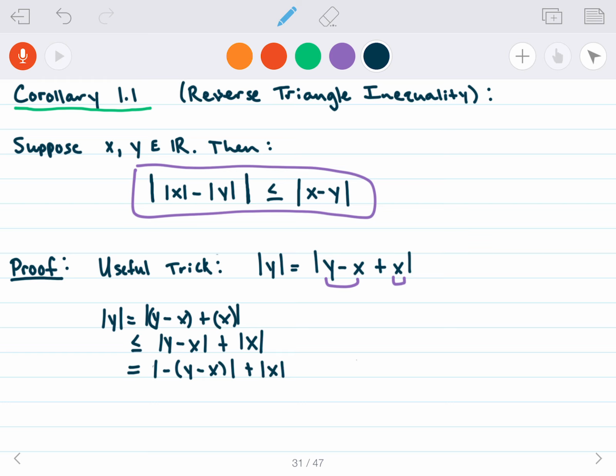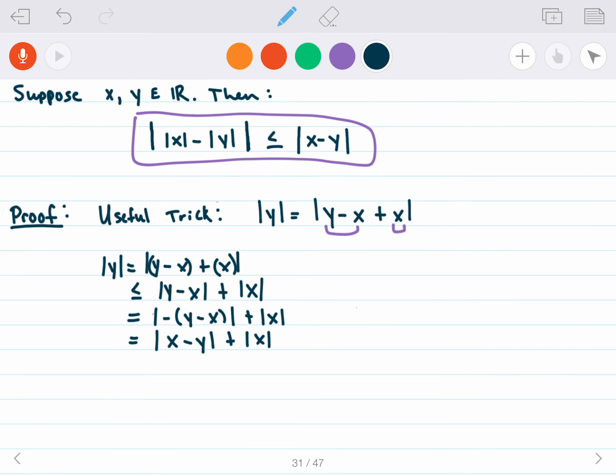So this simplifies to abs x minus y plus abs x. And so if you rearrange this, you get the absolute value of y is less than or equal to abs x minus y plus abs x.